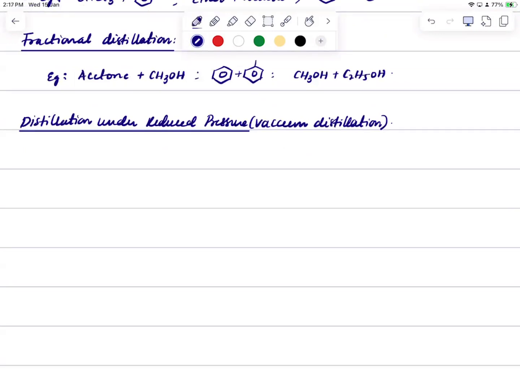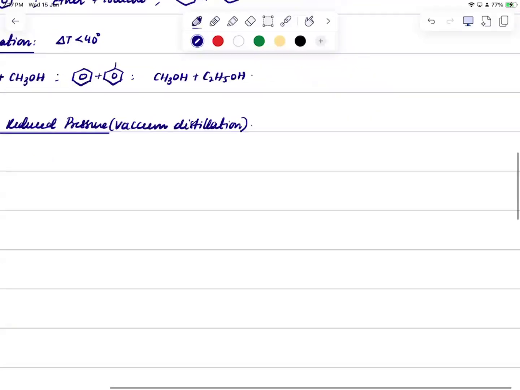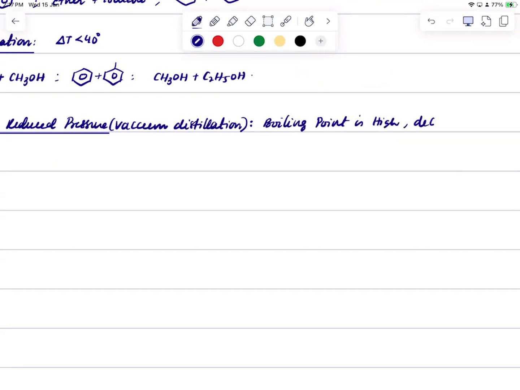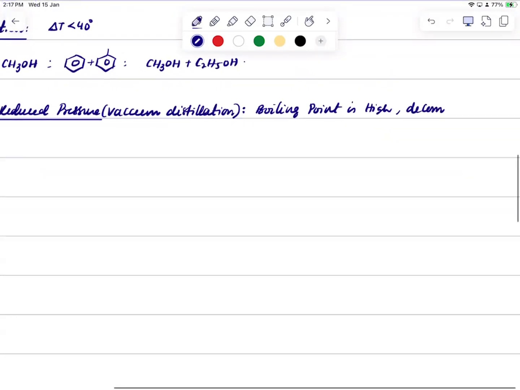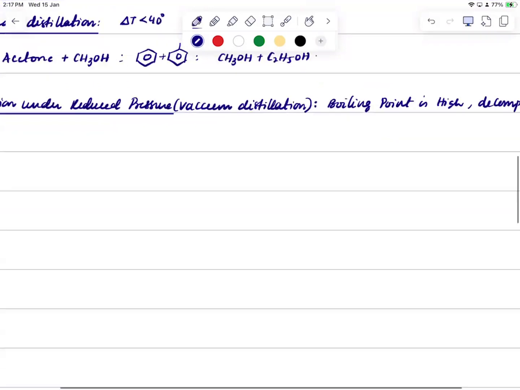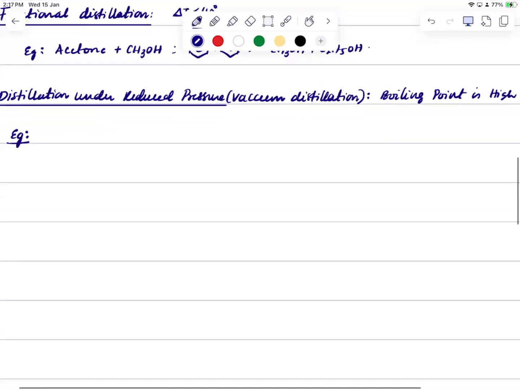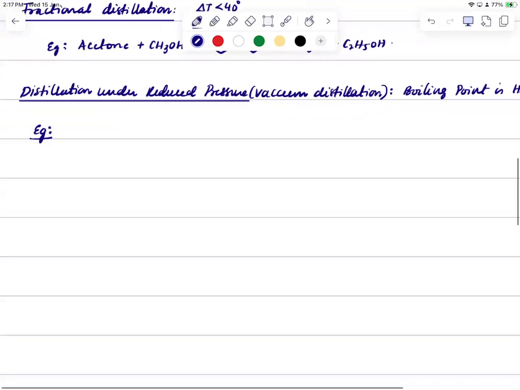If the boiling point is very high and the compound decomposes around its boiling point, then to stop decomposition we use reduced pressure or vacuum distillation.